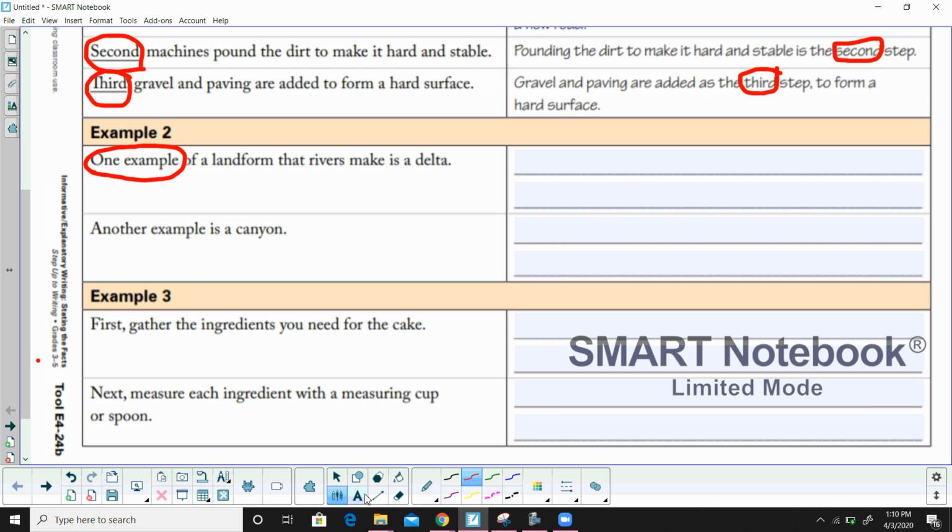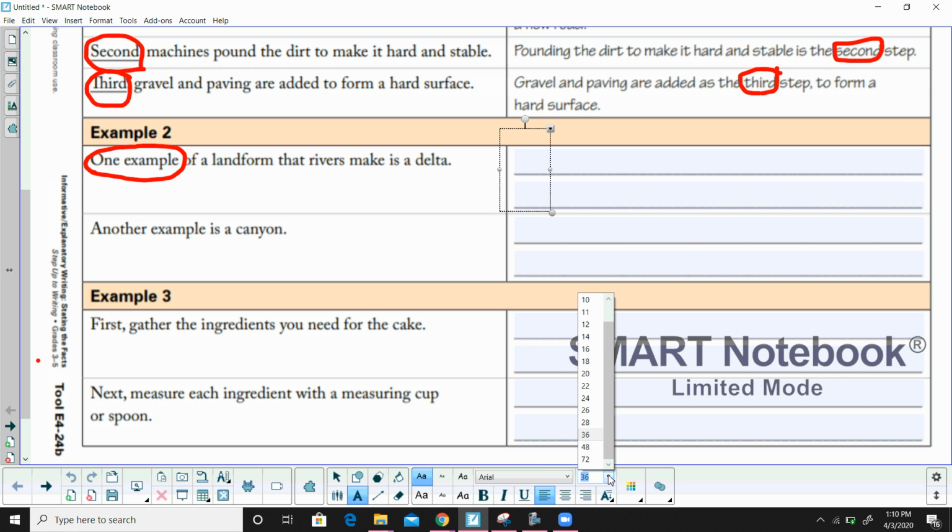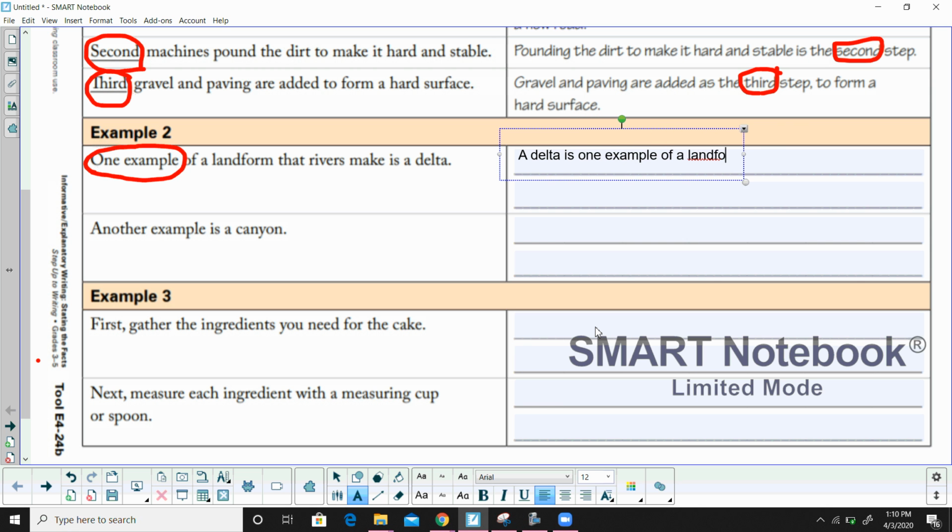If they're giving us an example of something, what are they giving us an example of? One example of a landform that rivers make is a delta. Oh, okay. So then I could say, a delta is one example of a landform that rivers make, right?